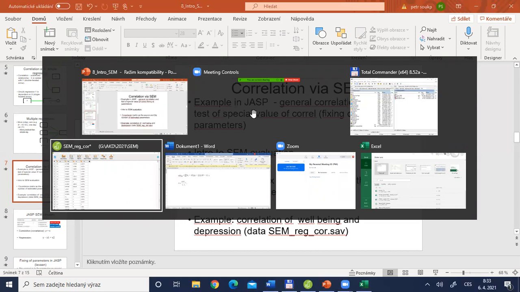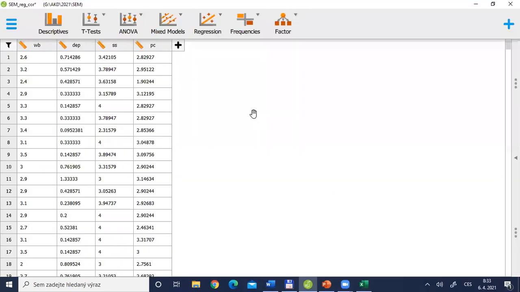Here I have a data matrix which is called SEM Reg Core, and it includes only 4 variables called WB, DAP, SS, and PC. And I would add meaning to these variables.